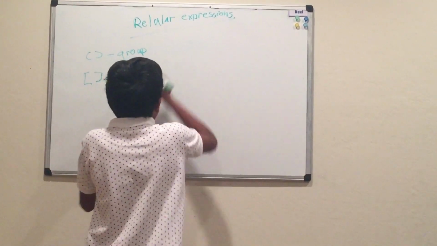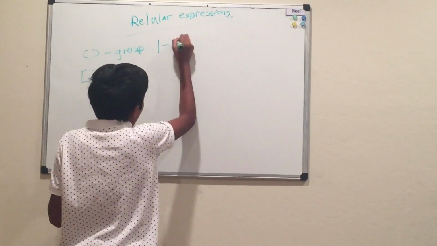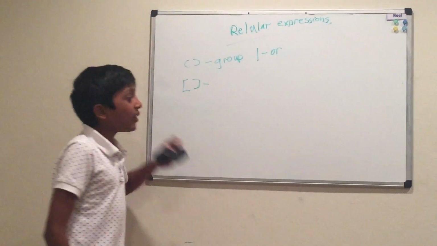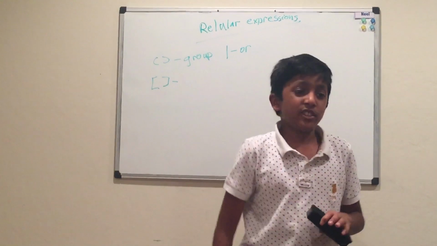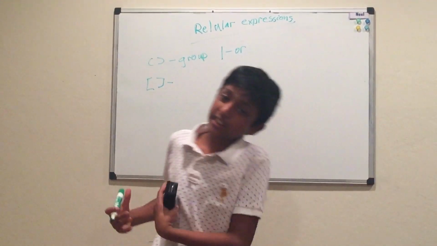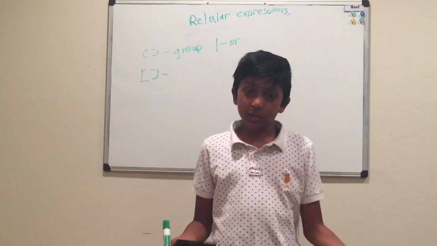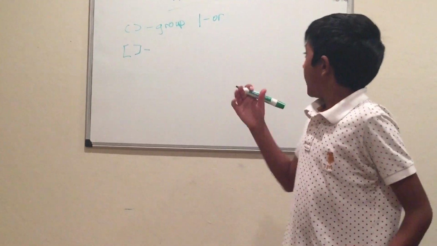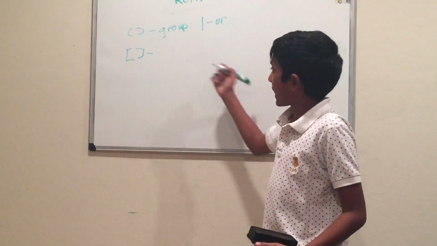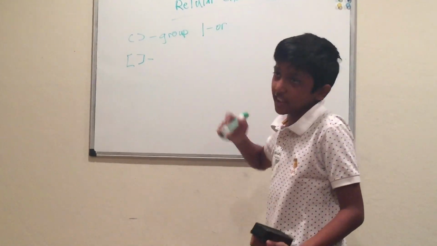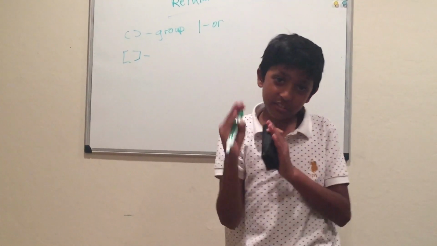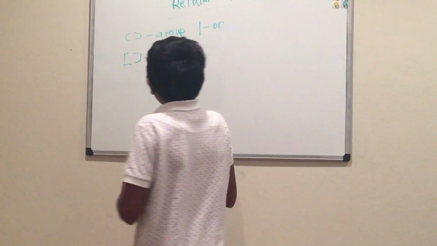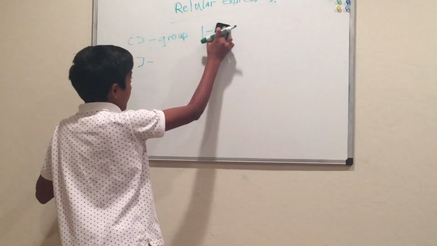So for the group, this is the or, the straight line. But for this, all you need to do is list everything that could be there, and that's the same as separating each with an or in a group. So you can use it for different reasons. And so those are just the groups.